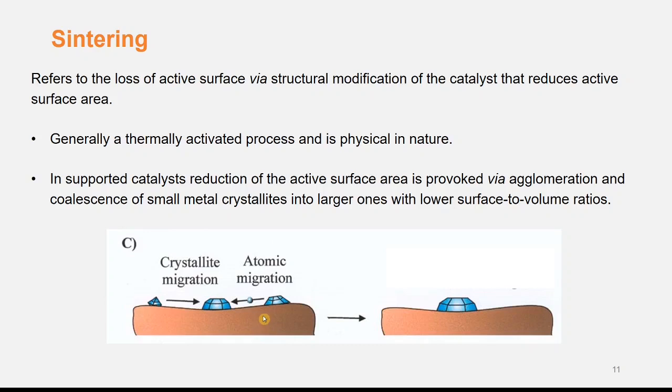The agglomeration of the small metal crystals can be provoked by high temperature and high pressure, forming larger crystals with lower surface area to volume ratios. This is not good because we want high surface area to volume ratios.